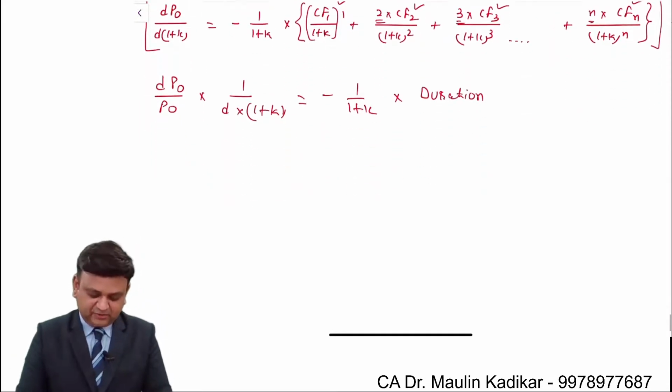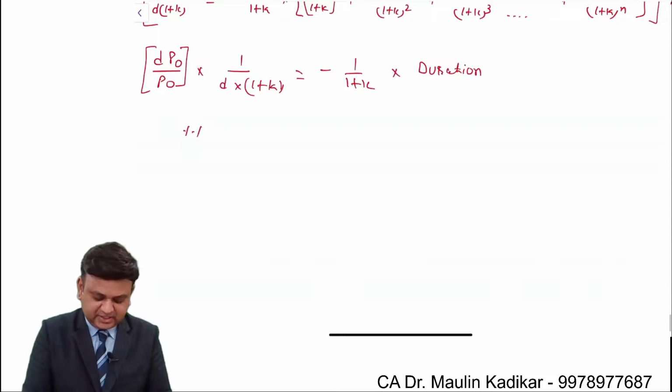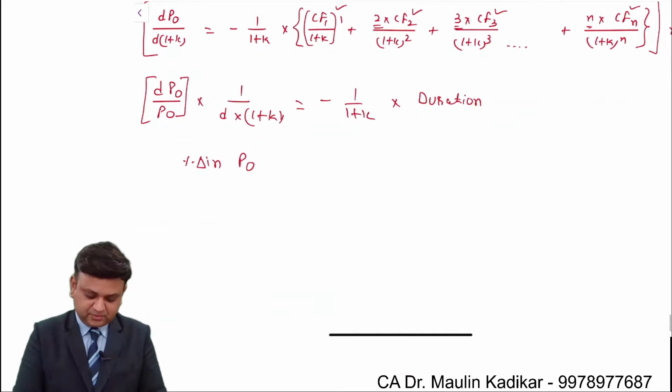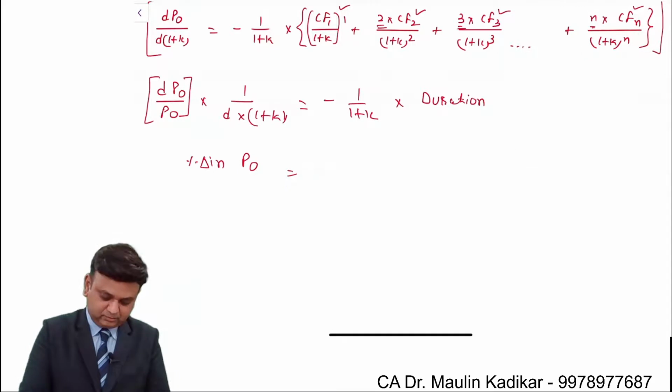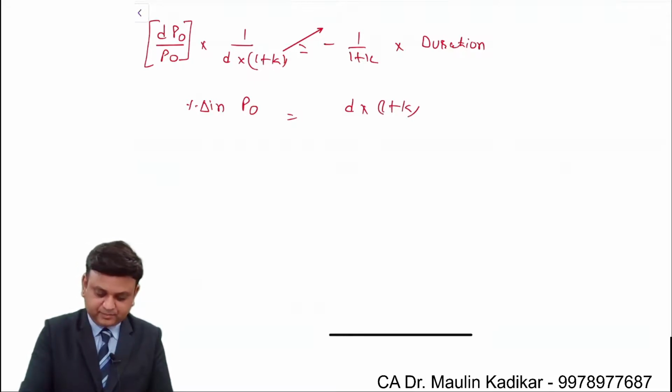Now dP0 upon P0, what is that? This is the percentage change in P0, and it is equal to, this is transferred over here, D into (1 plus k) divided by (1 plus k) into, this is negative, this is positive, so this is negative duration.